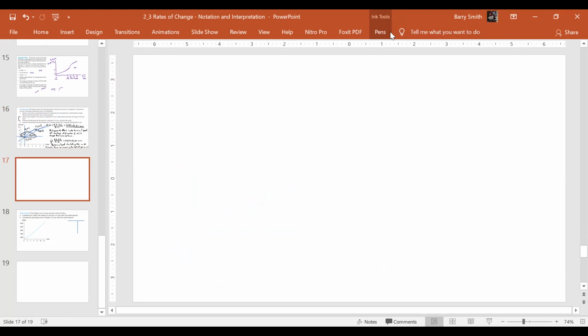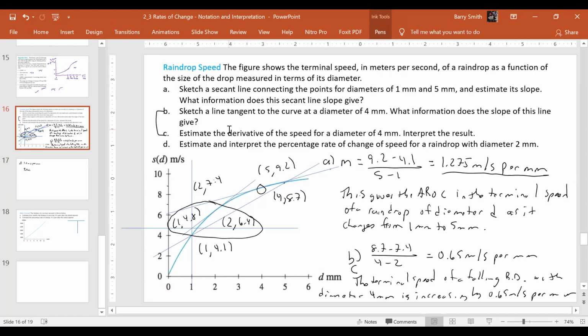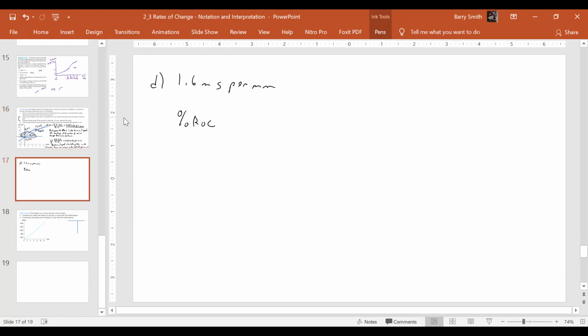And so for D, that was 1.6 millimeters per second per millimeter. Okay. And so now we want the percent rate of change, I believe is what they asked for, estimate the percent rate of change. And remember, that's going to be equal to the previous thing, the IROC, or the derivative, I mean, that's the f prime of x or whatever our function is.